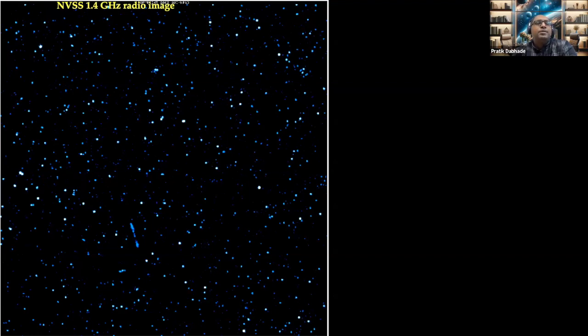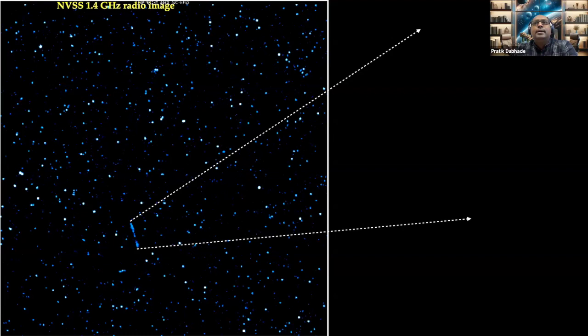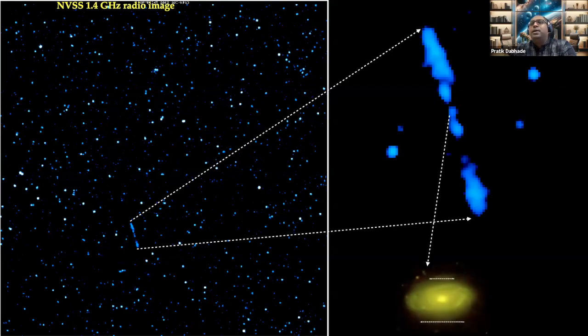Coming back to the image, you can see there is clearly one extended object, which was easy to spot because it was almost 20 arc minutes. We can see it towards the south, and it indeed turned out to be quite big. More interestingly, it was hosted by a spiral galaxy.